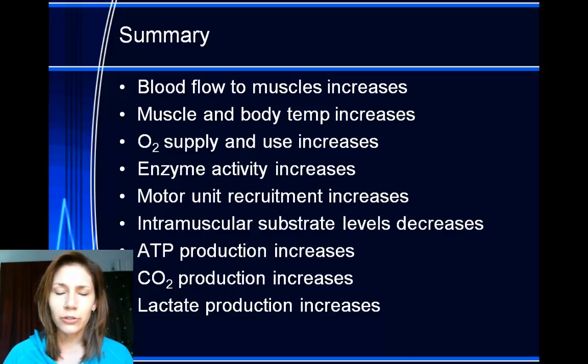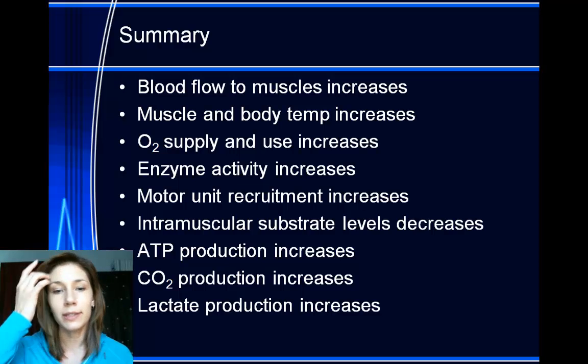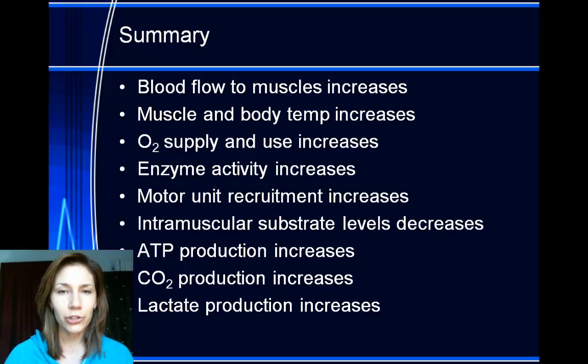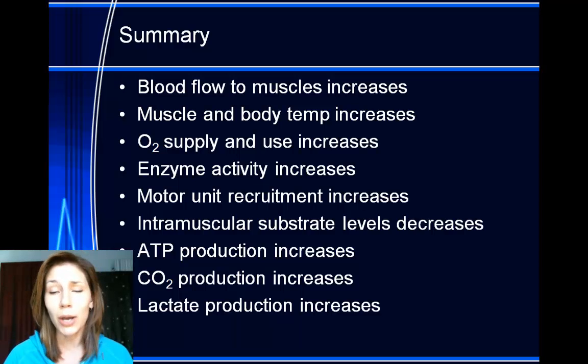You will also increase your use of motor units, so the amount of muscle fibers you use. The intramuscular substrate levels, the ATP, PC, glycogen and triglycerides, will all decrease because you're using them up as you exercise. ATP production increases because you need more energy to exercise. Carbon dioxide production increases because that's the byproduct of using oxygen when you exercise.